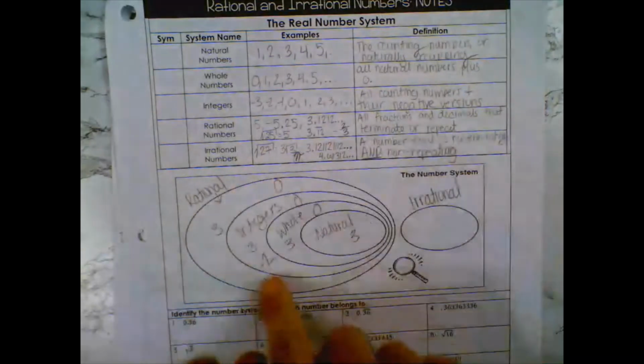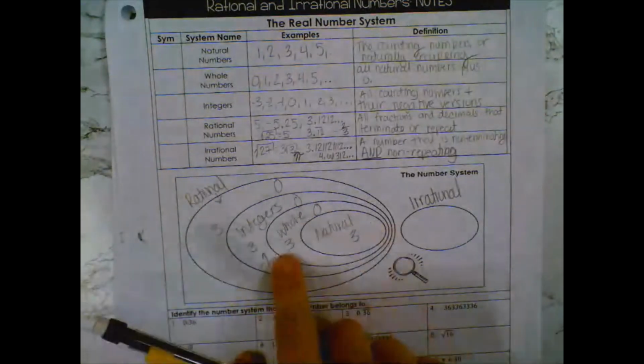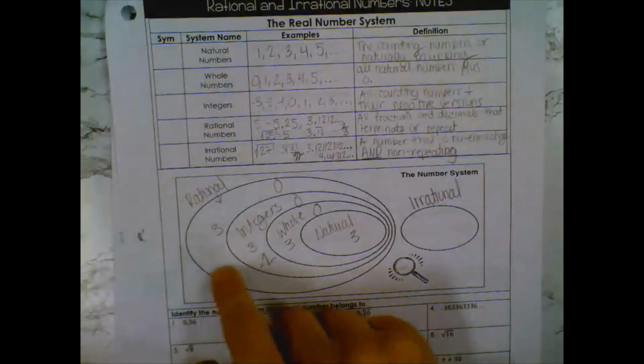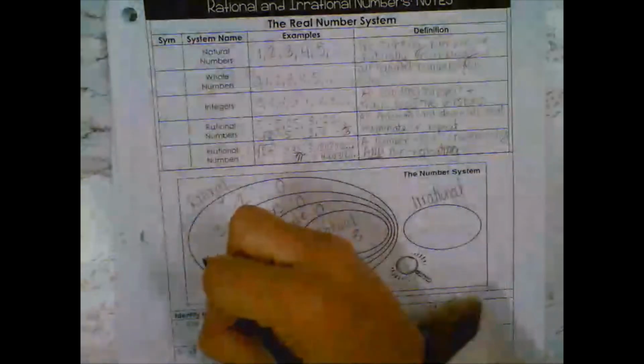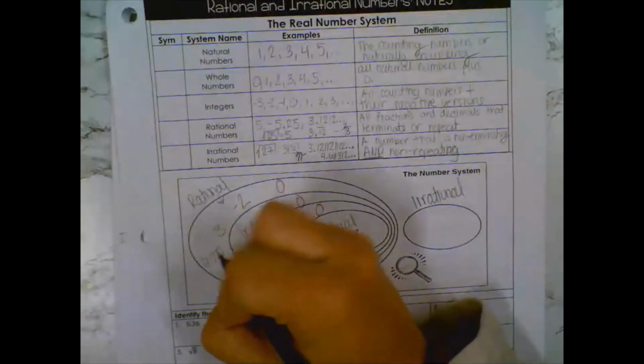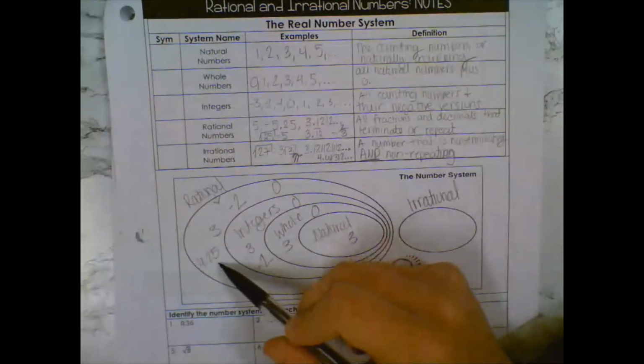Moving into integers, integers include negatives. So not all integers could be whole or natural, but all integers are part of the rational number system. And then the last concept, right, if we have 4.25, this cannot be an integer, it can't be whole or natural, but it is still part of the rational system.